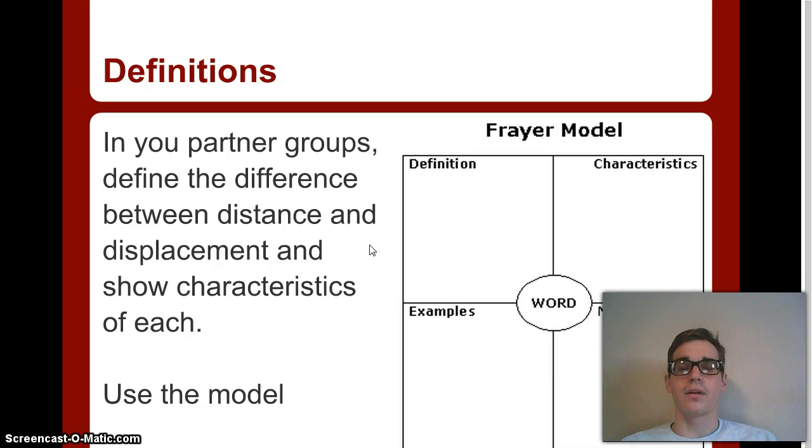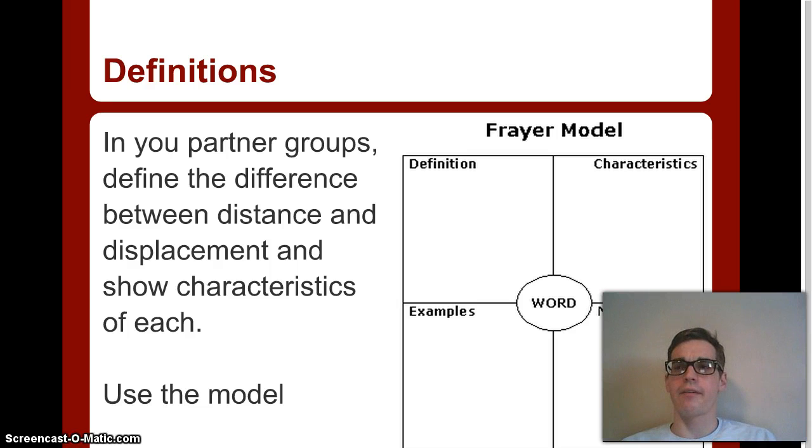We're going to have the right side of the room use this model to define distance, and the left side of the room use the model to determine what displacement is. We'll give you a couple minutes, let's say 2 minutes, and we will get back together and see what you got.